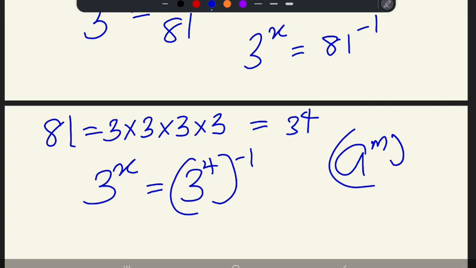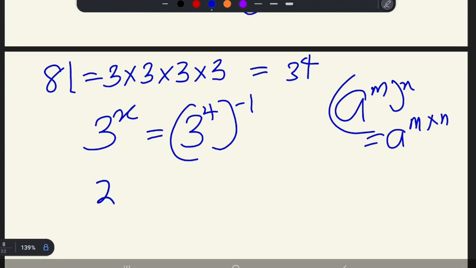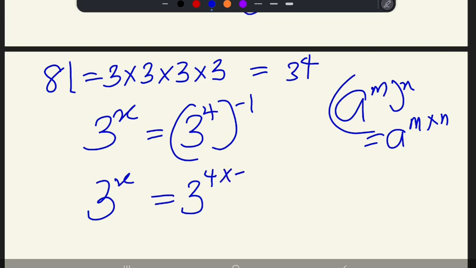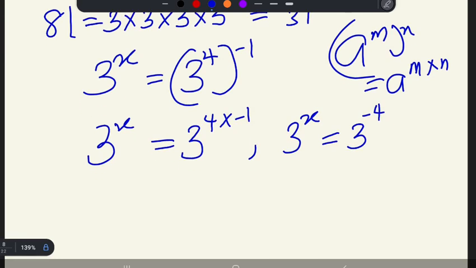But remember the product of indices, which you use much: the indices will multiply. So we have 3 raised to power x is equal to 3 raised to power 4 times minus 1, which is 3 raised to power x is equal to 3 raised to power minus 4. As we can see, according to our topic for today, exponential equation, anytime the bases are equal, the indices must also be equal. If the indices are equal, the bases must also be equal. So the final answer here gives us minus 4.